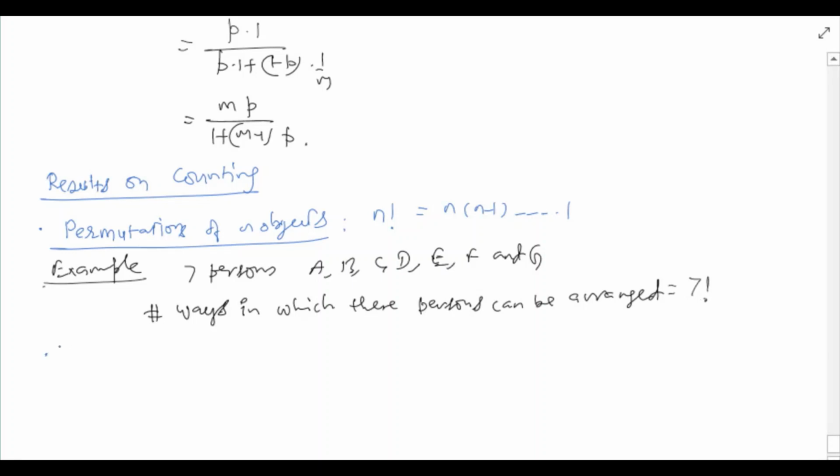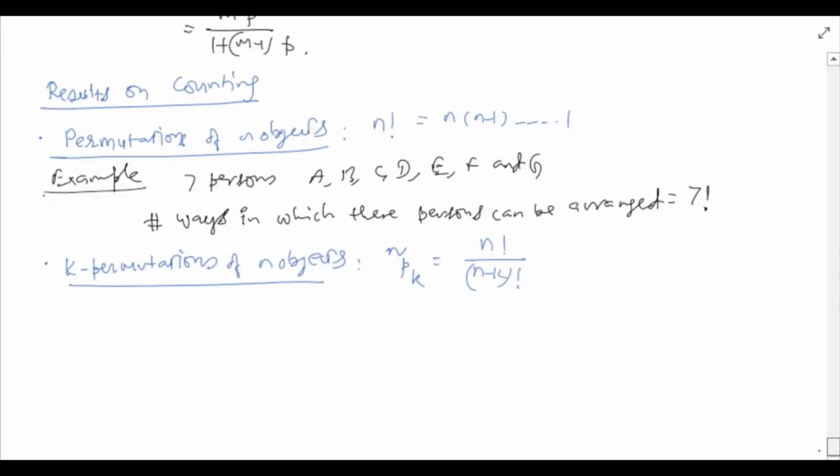The next result is on k permutations. K permutations of n objects are denoted by the symbol nPk, and this equals factorial n divided by factorial n minus k.